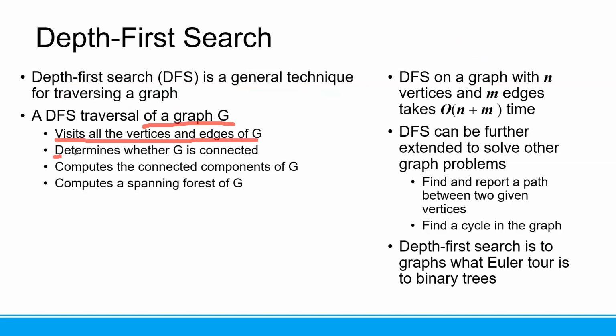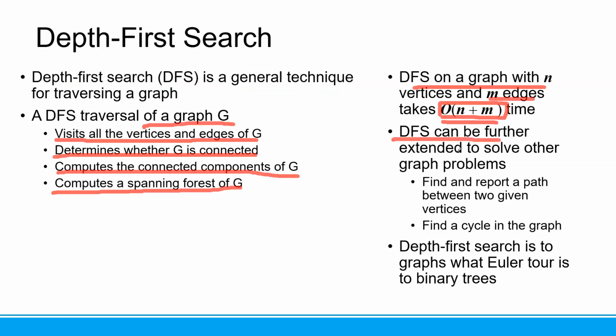It determines whether G is connected, computes the connected components of G, and computes a spanning forest of G. As you know, in algorithms and data structures we always consider the big O, which means the performance of the algorithm. We will look at the details. DFS on a graph with n vertices and m edges takes O(n + m) time.